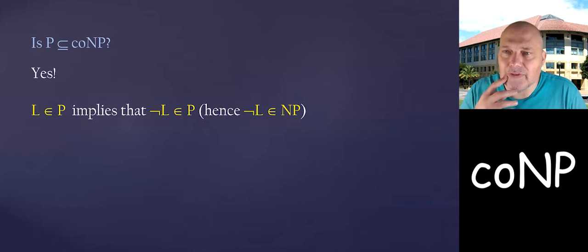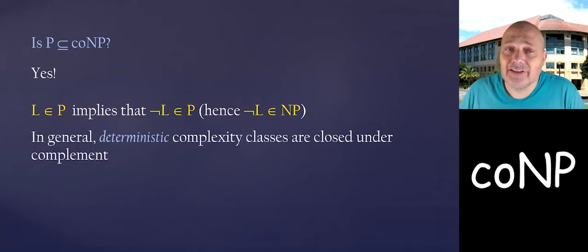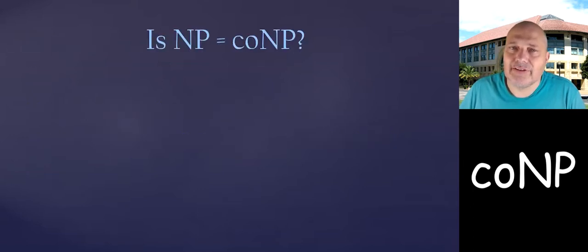To prove it formally, L is in P implies that not L is in P, and hence not L is in NP, and therefore L is also in co-NP. General deterministic complexity classes are closed under complement. So P is closed under complement.